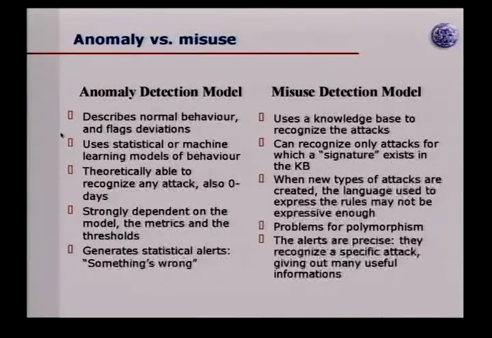So, in order to introduce you to my research, and knowing that many of you maybe already know this, I will briefly do a taxonomy of intrusion detection systems in two: anomaly detection and misuse detection. Misuse detection are the intrusion detection systems you probably work with.